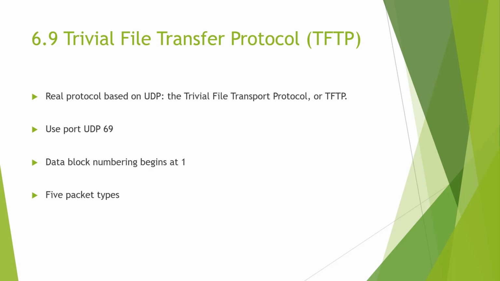Meaning, if we're trying to send a 2,000 byte chunk of data, we're going to break it up into 512 byte chunks. So that means 4 packets will have to be sent using TFTP to accommodate 2,000 bytes.